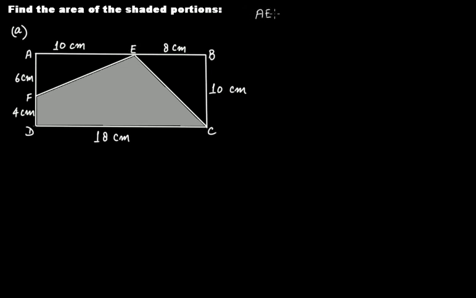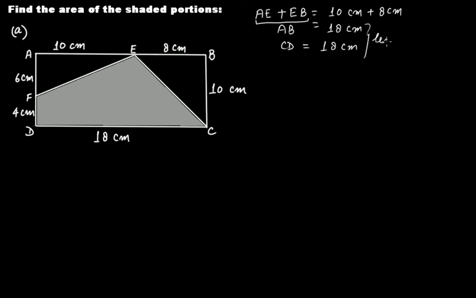AE is 10, and plus EB is 8, that is 10 centimeter plus 8 centimeter. This is AB. If you add these two, you get AB is equal to 18 centimeter. So AB is 18 centimeter and CD is also 18 centimeter, right? That is the length.